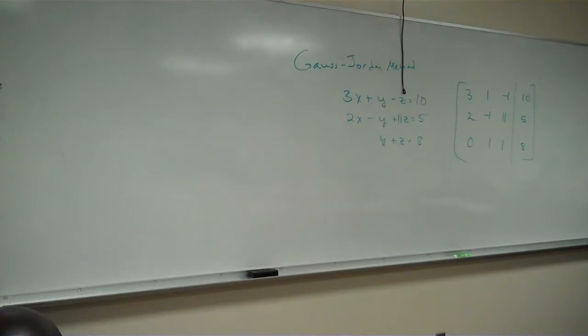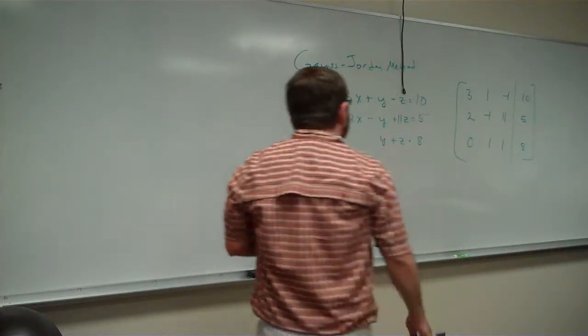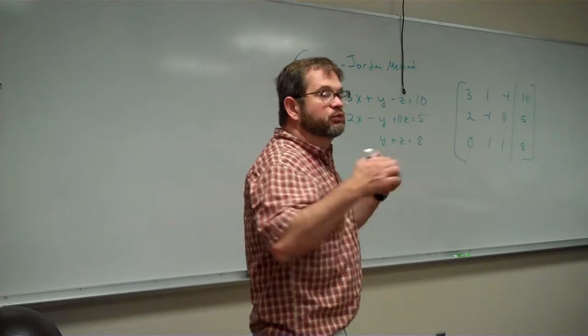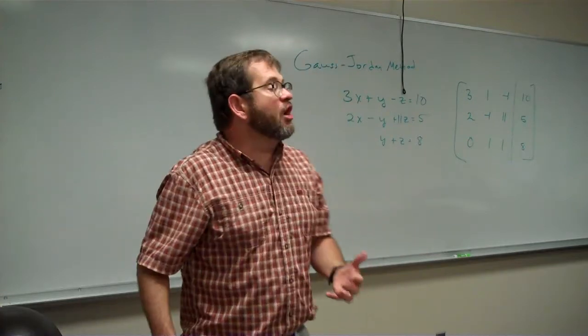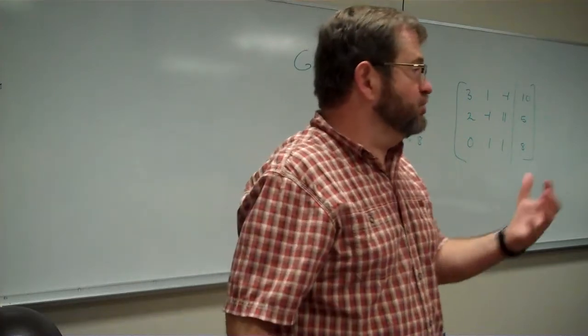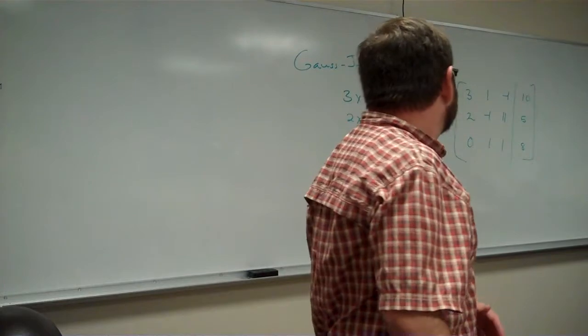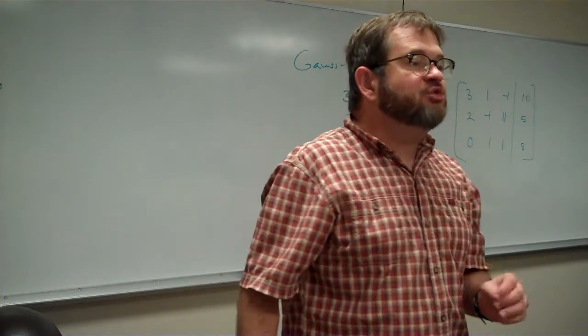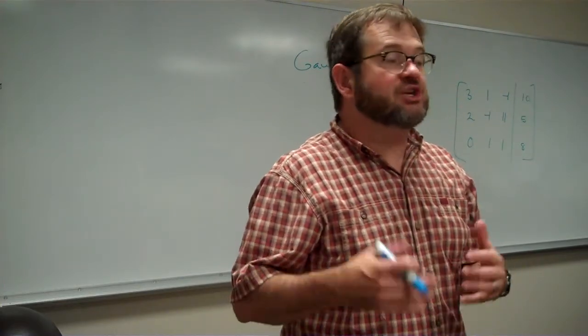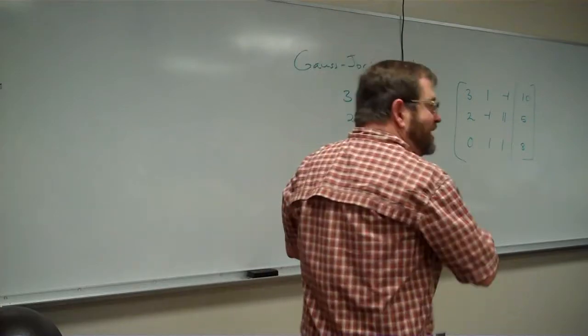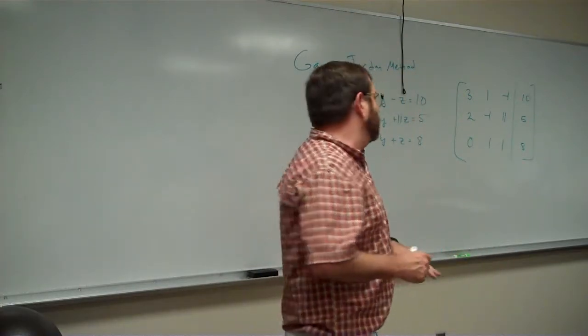Now, when you're doing anything with matrices, and we'll be doing a lot of things with matrices in this class, you can do matrix row operations. There are things we can do to change rows. And there's going to be a strategy as to what we're going to do to these rows. There's always a strategy when we're working with a matrix.